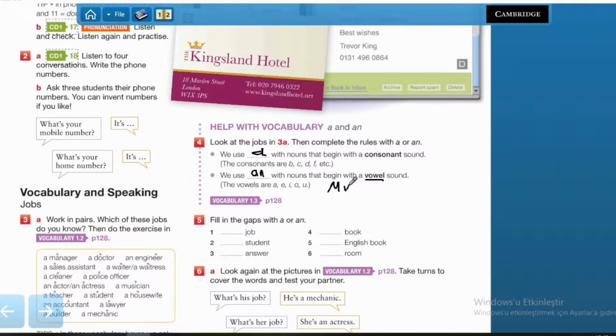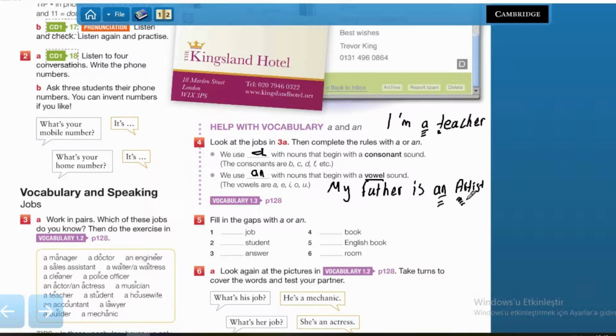Like my father is an artist. I'm a teacher: starts with a consonant sound, starts with a vowel sound.